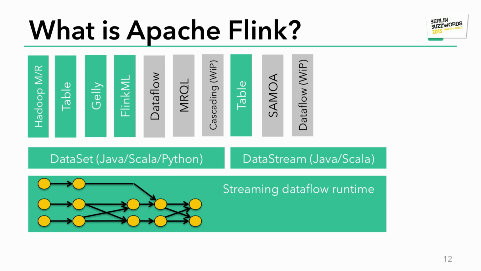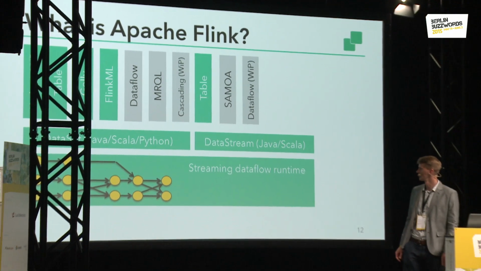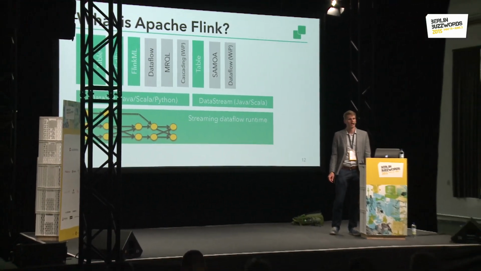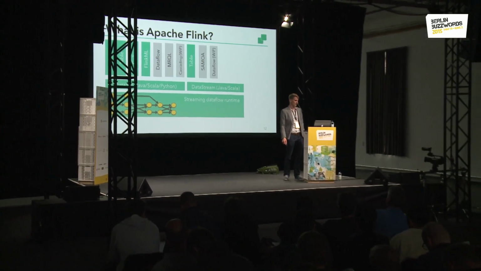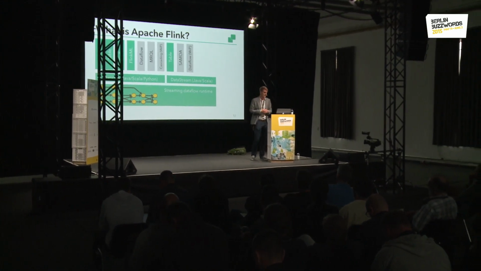And besides these libraries and extensions, Flink is also used by many other projects as an execution backend. So, for example, it can be used by the Google Dataflow API as a backend. MRQL is executed on Flink. We are currently working on bringing Cascading support, so that Cascading jobs can be run on Apache Flink.